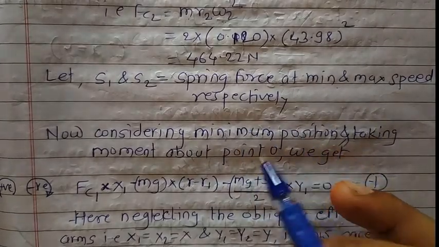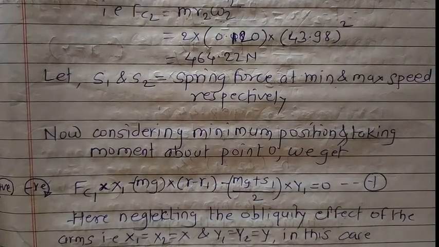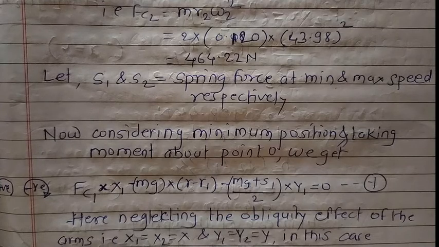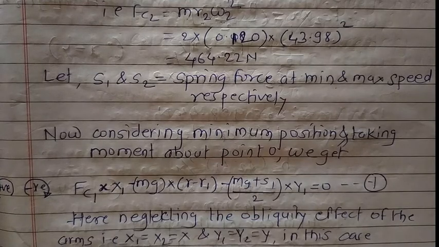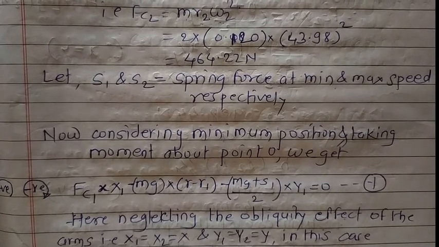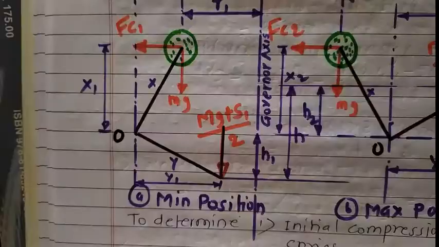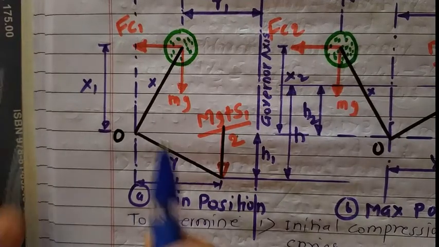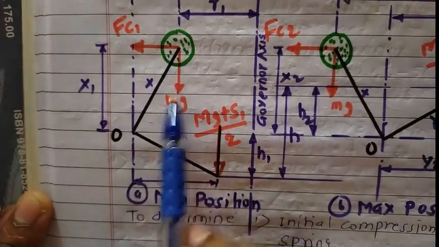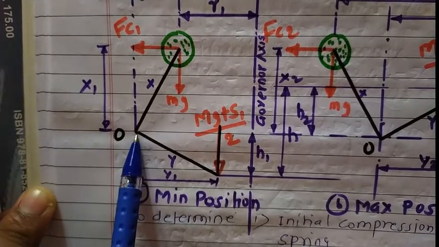Now consider the minimum position and maximum position, take the moment so that, as per our ultimate aim, we get the values of S1 and S2. For that, just focus on the minimum position and take the moment of all the forces about this pivot point, the O point.